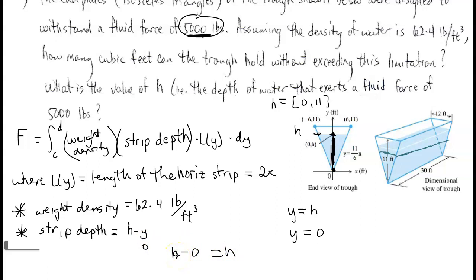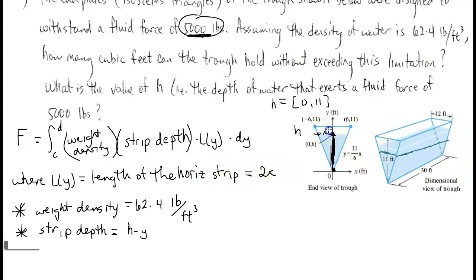So I'm considering the pressure from the bottom of the water trough all the way to where the water stops. Okay, and so that's the reason why we need to model this as h minus y versus just h or y. So I hope that makes sense. All right, so now let's figure out what this length of the horizontal strip is going to be. We know it's going to be 2 times x.